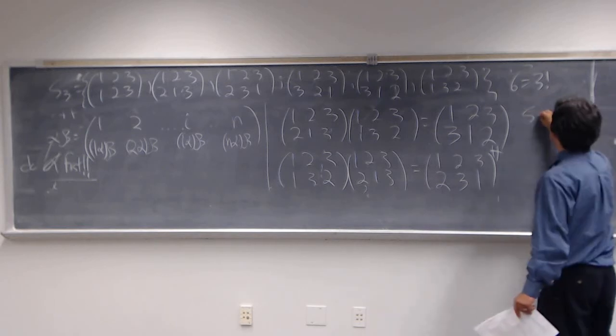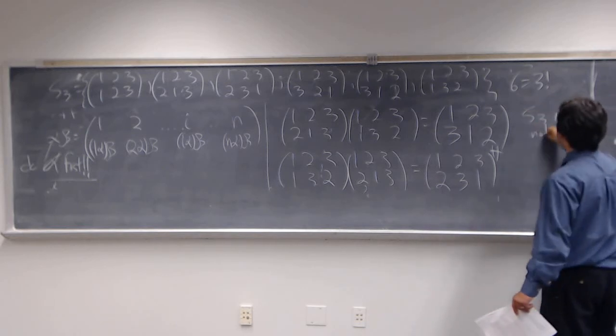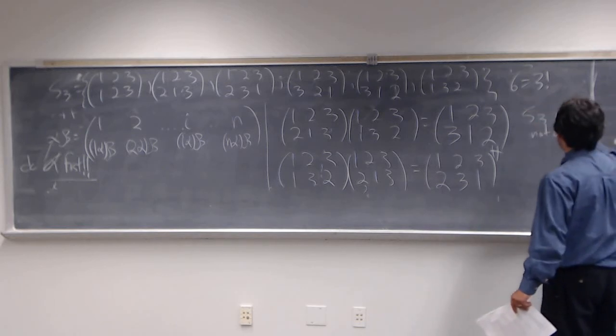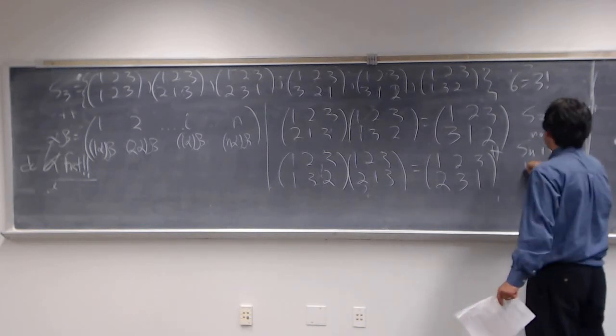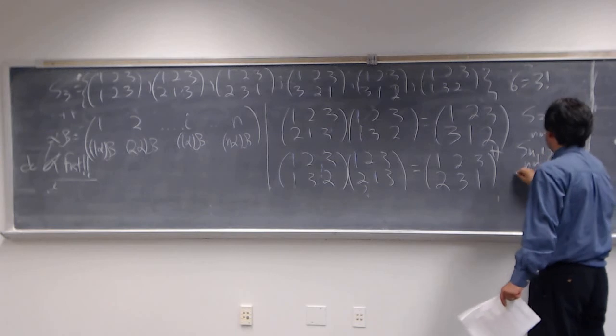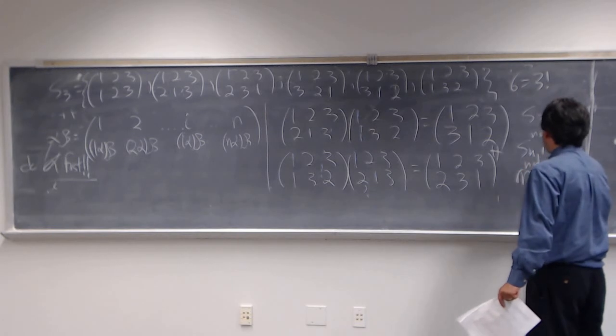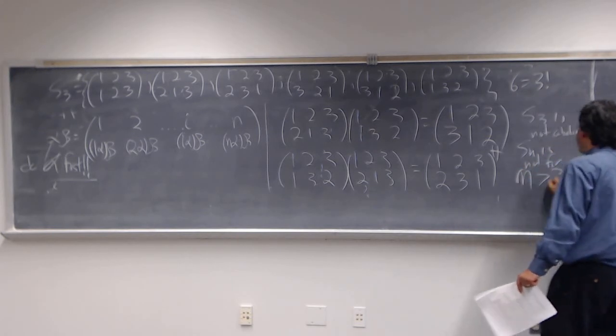And so S3 is not abelian. And it turns out what we have is Sn is not abelian for n greater than or equal to 3.